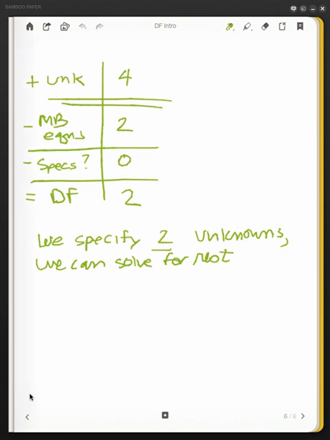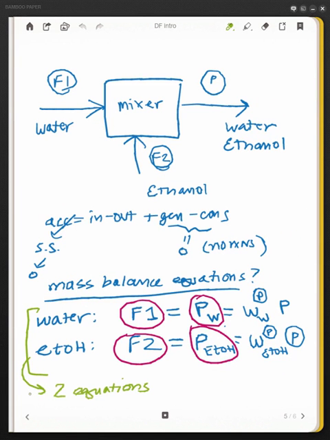So if you go back to this, suppose I just make something up here. Suppose we have 1 gram per minute of water coming in, and suppose we have 2 grams per minute of ethanol coming in.